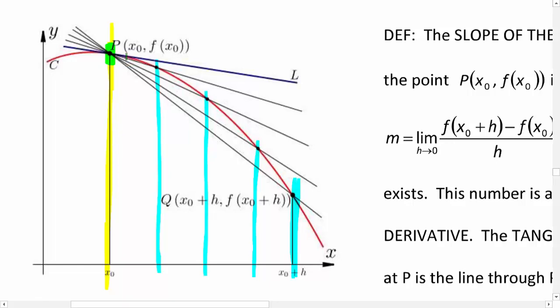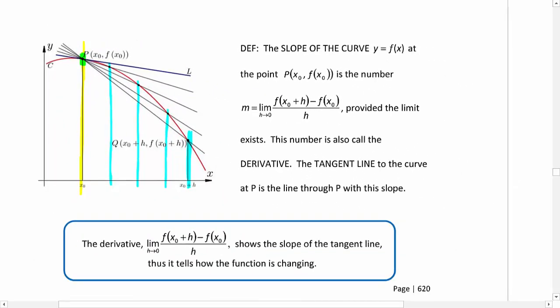A secant line intersects a curve at 2 points, but a tangent line intersects a curve at a single point. So that's why if we take this slope of a secant line, but have the limit as h approaches 0, it turns into the tangent line, because the first and the second point are so close together that they're practically the same point, and our secant line ends up hitting the curve a single time and it becomes a tangent line.